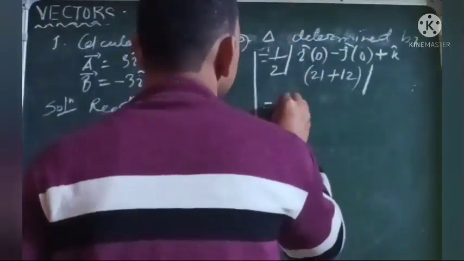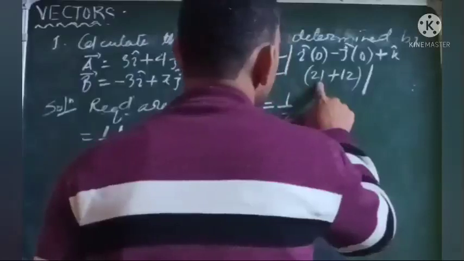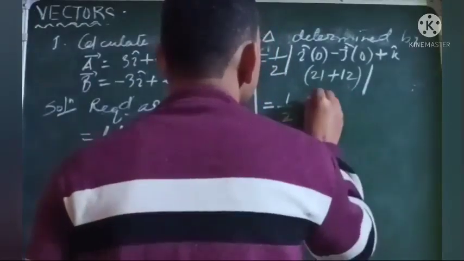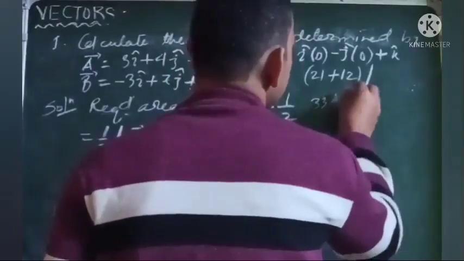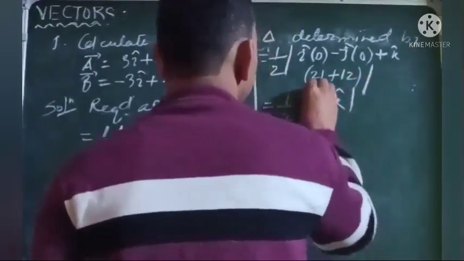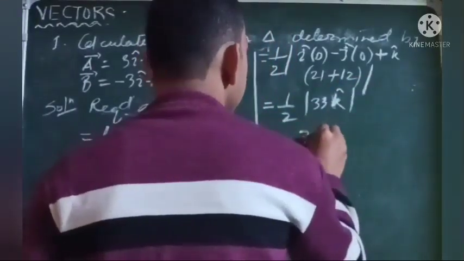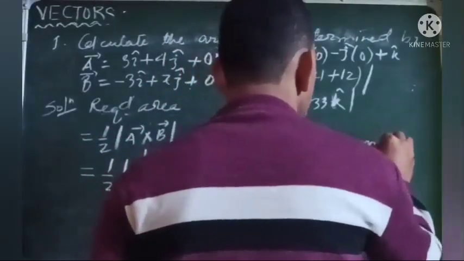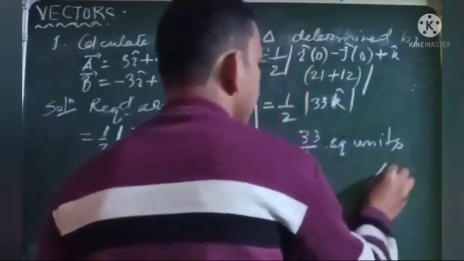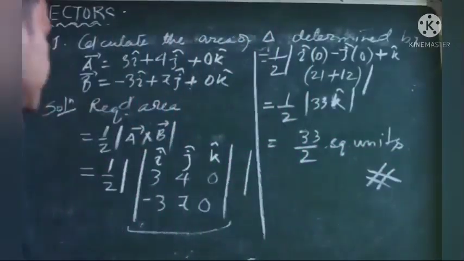So we are getting 21 plus 12, 33. This is k cap, a magnitude which is 33 upon 2 square units. This is the answer of this question.